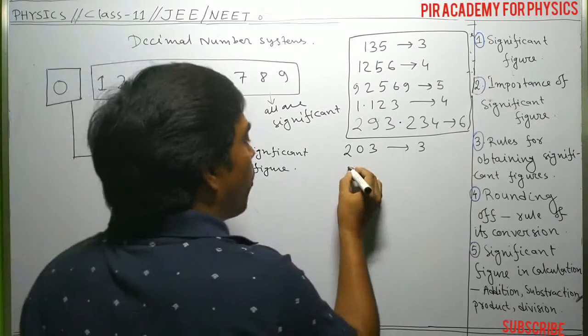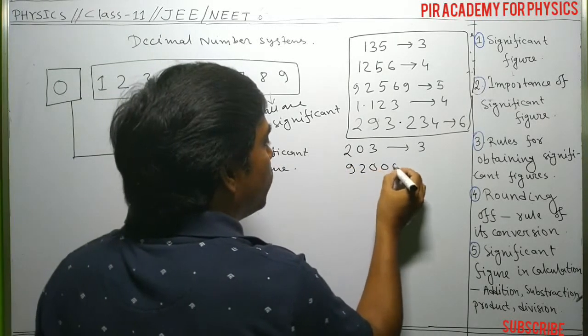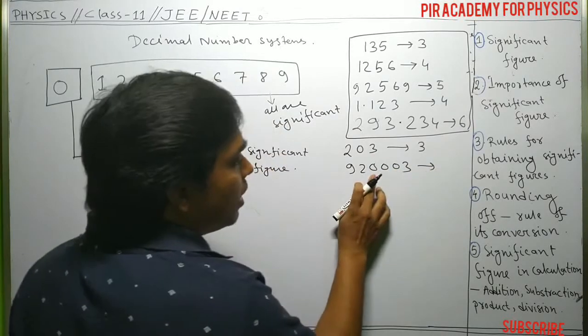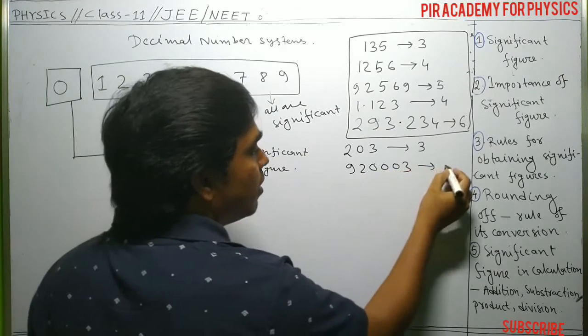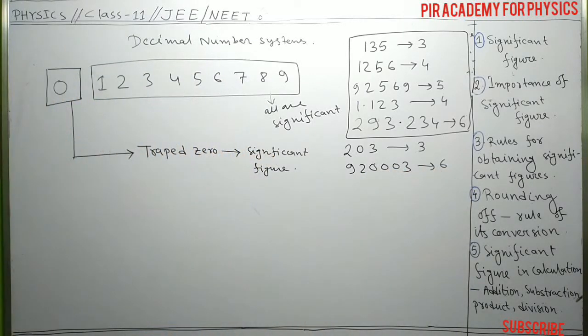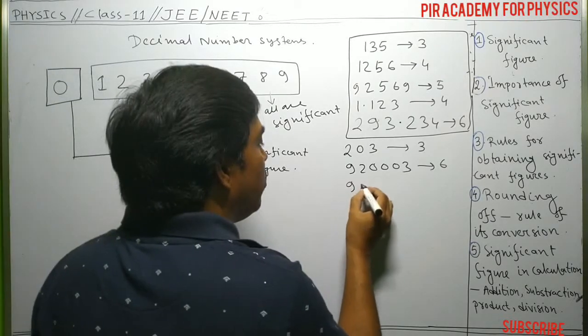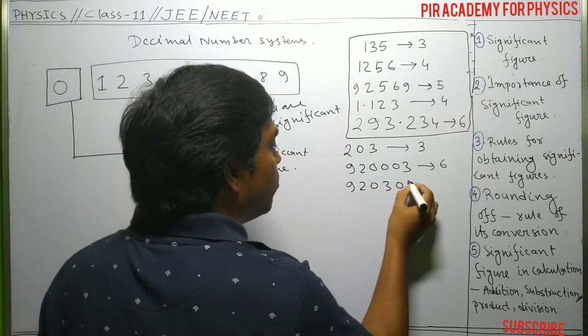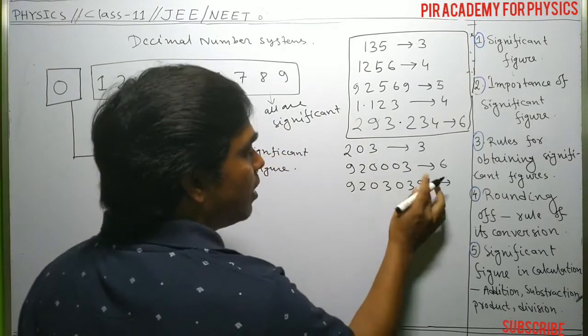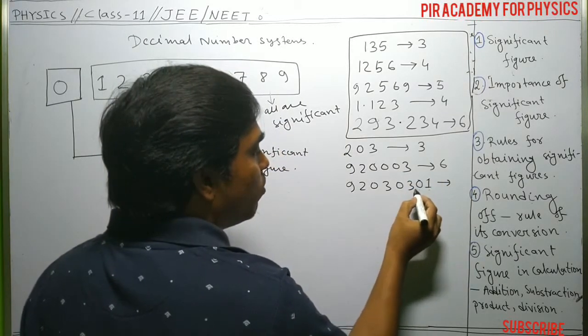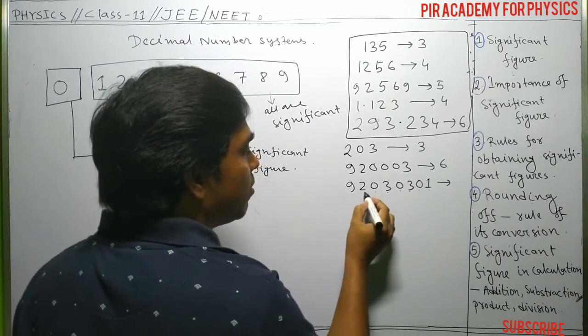You see that 920003. This must be significant figures: 1, 2, 3, 4, 5, 6. The number of significant figures is 6. And you also see 92030901. Here it is 1, 2, 3, 4, 5, 6, 7, 8.